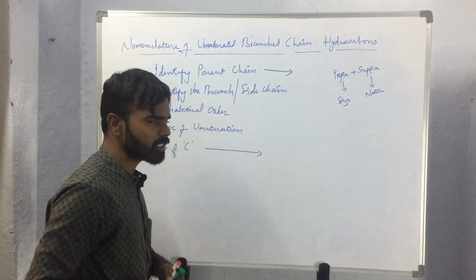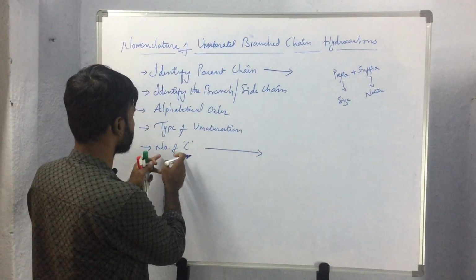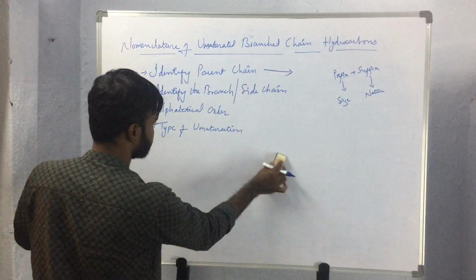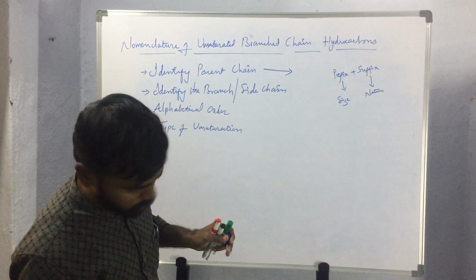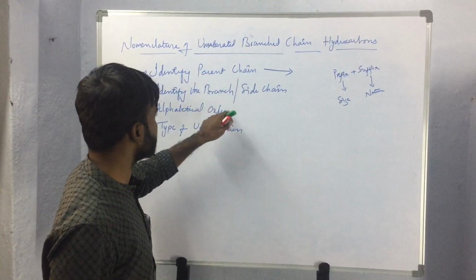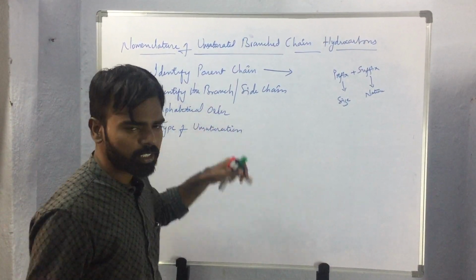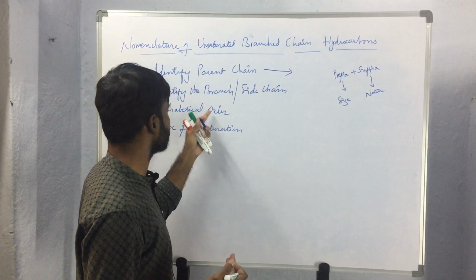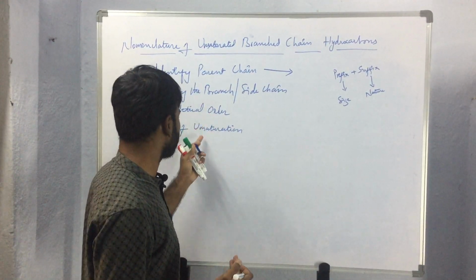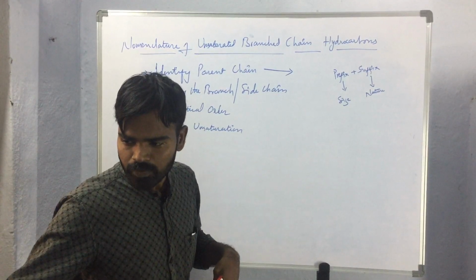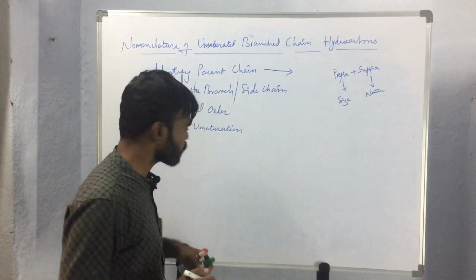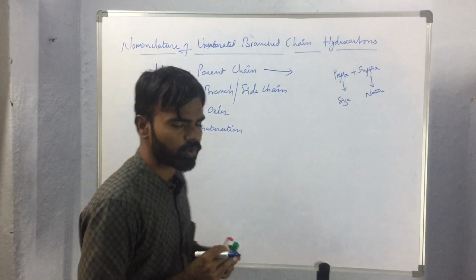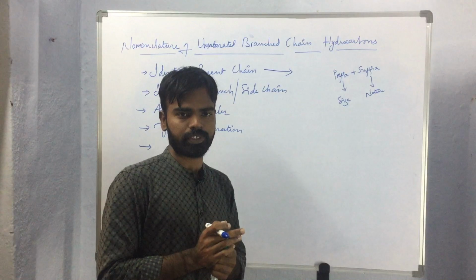Then we identify the type of unsaturation, and this step we already included, so no need to write it here. Then we have to number the compound.